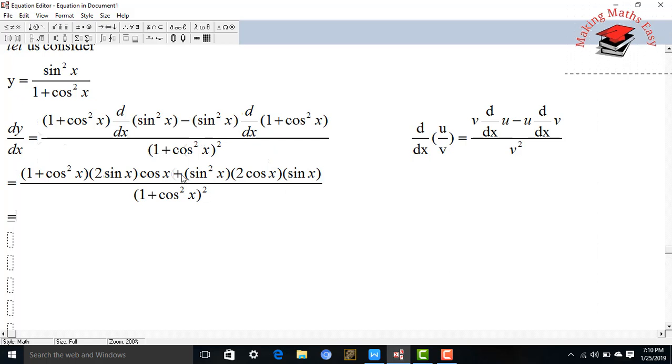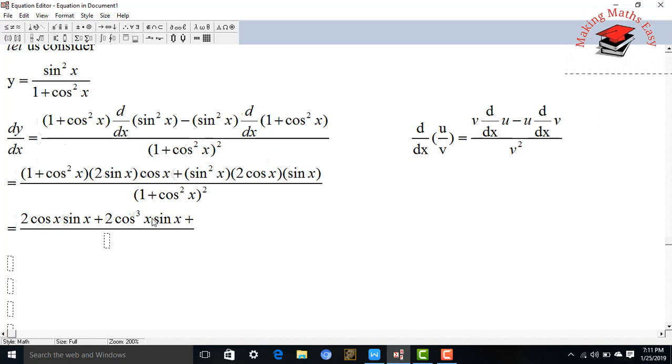So we have to multiply this bracket. After multiplying the bracket, we will get 2 cos x sin x, then 2 cos x sin x into cos square x gives cos cube x, so 2 cos cube x into sin x.